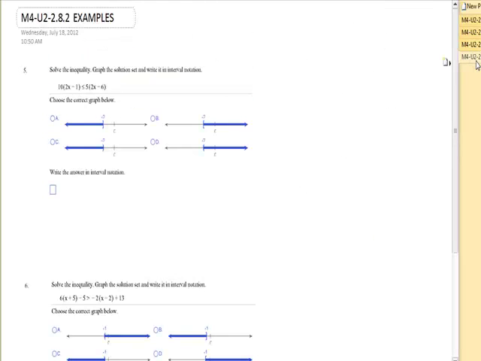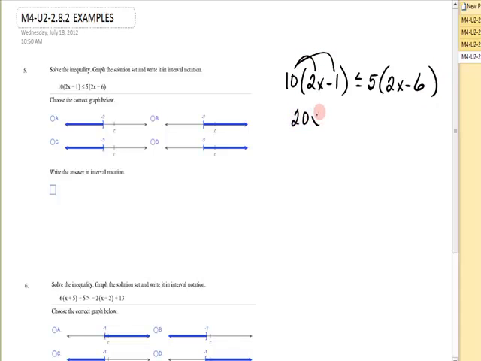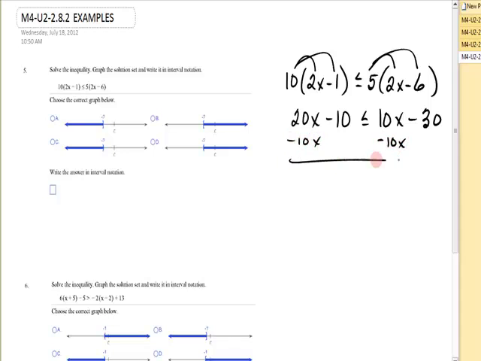All right, last couple. I have 10(2x - 1) ≤ 5(2x - 6). I have to simplify on both sides. Distributive property. That's 20x - 10 ≤ 10x - 30, distributing that 5. Going to subtract 10x from both sides.